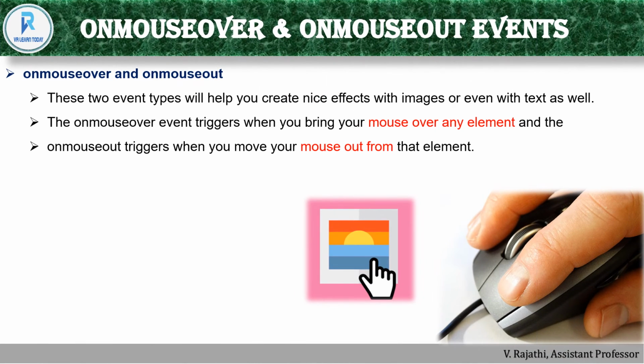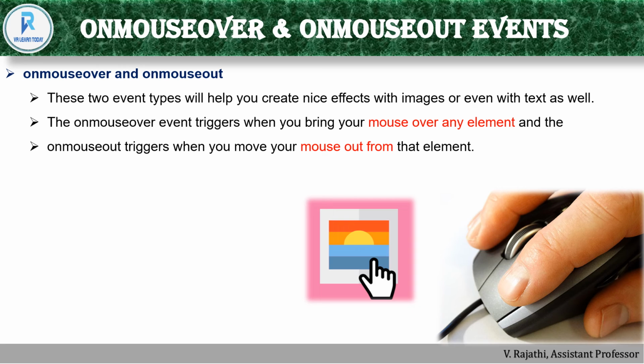Next, onmouseover and onmouseout events. These two event types will help you create nice effects with images or even with text. The onmouseover event triggers when you bring your mouse over any element, and onmouseout triggers when you move your mouse out from the element.